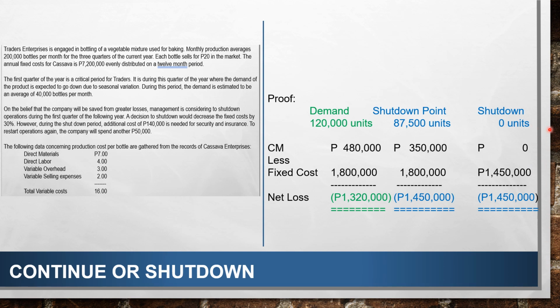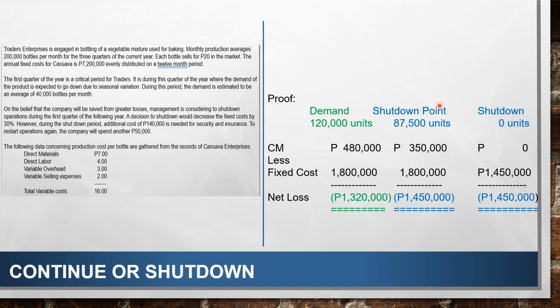Okay, so shutdown units, we have 0 units sold. So we have 0 contribution margin less the shutdown cost of 1,450,000. So therefore, if we shut down, we incur a net loss of 1,450,000, and that is referring to our shutdown costs.